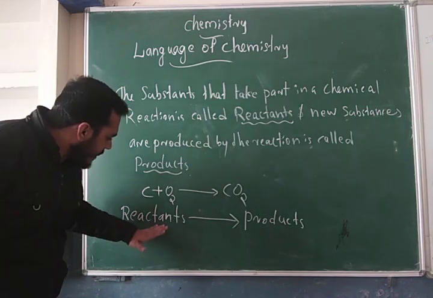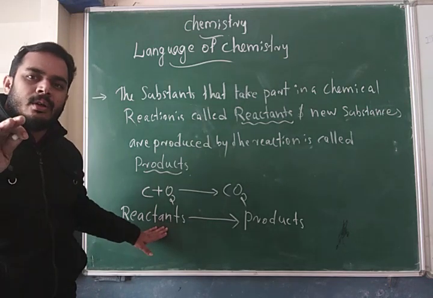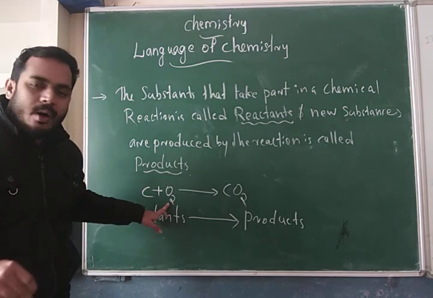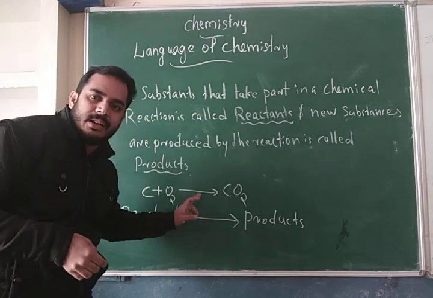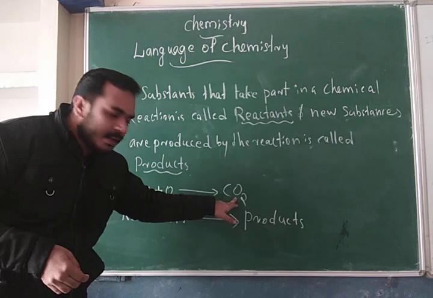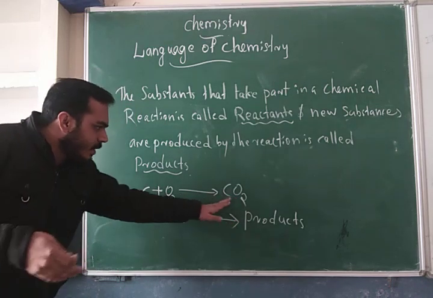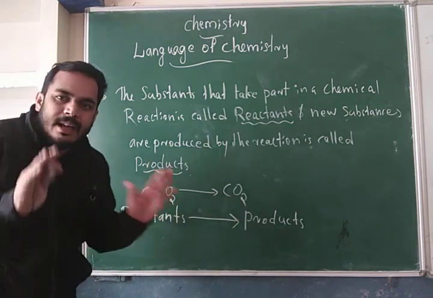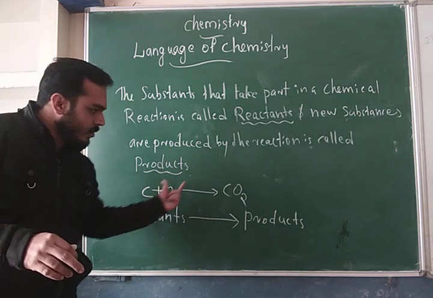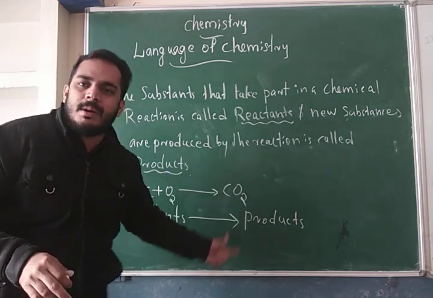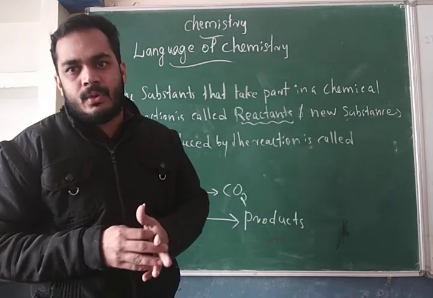So here the reactants are carbon and oxygen, and after the reaction we get a new product, entirely different. It is not carbon, it is not oxygen. The character and the property are entirely different from the reactants. The product is named carbon dioxide.